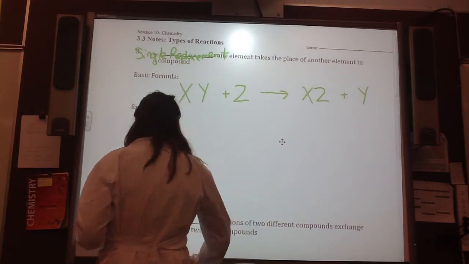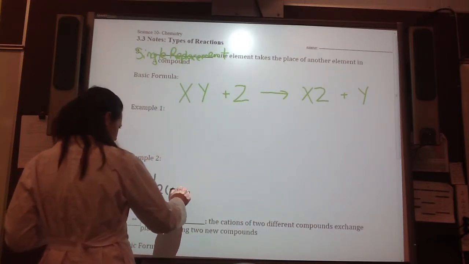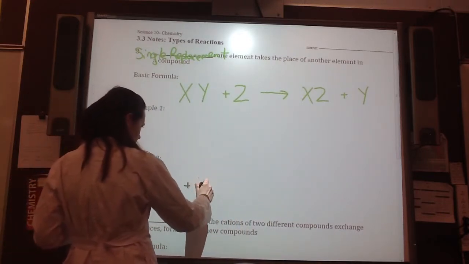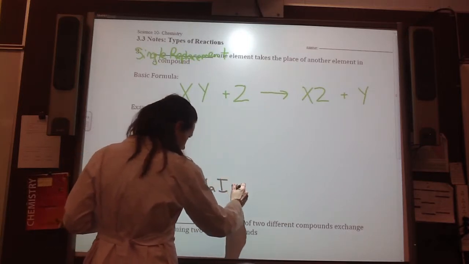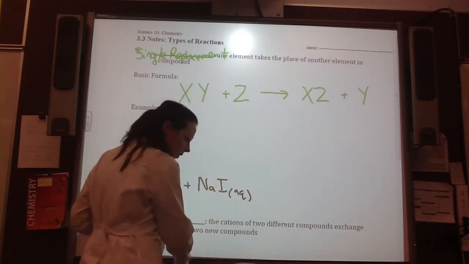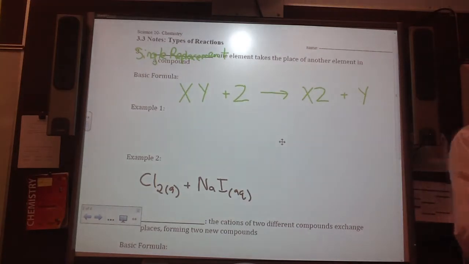So whenever something's soluble, do you always put the aqueous? Yeah, from now on when we're doing reactions, reactions happen best when they're in water because there's interaction between the ions.